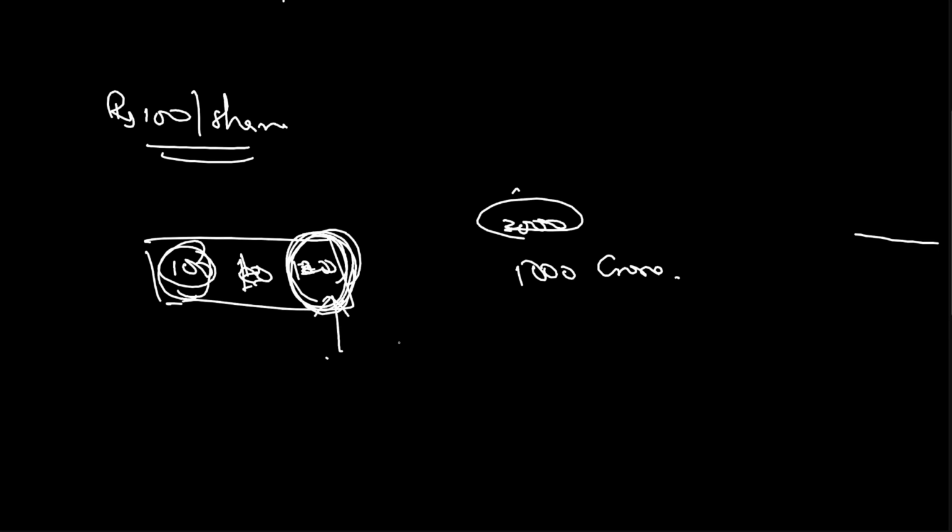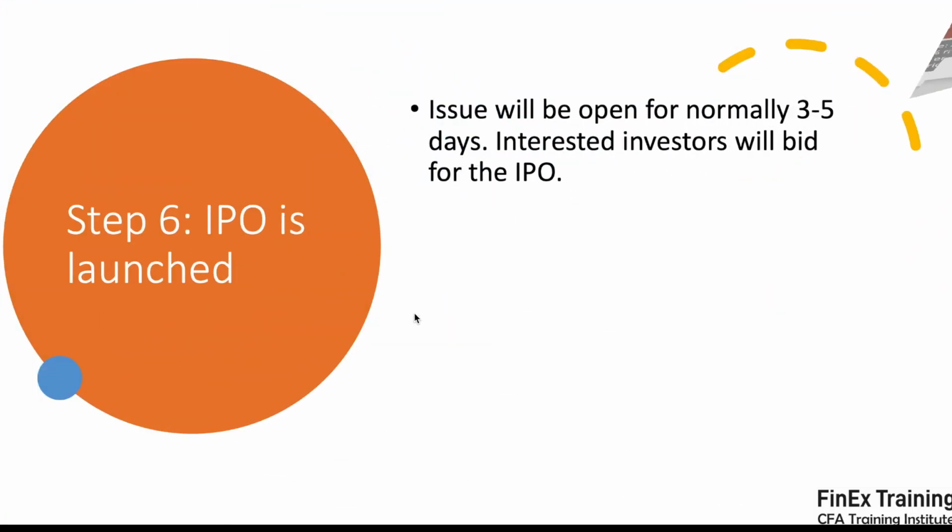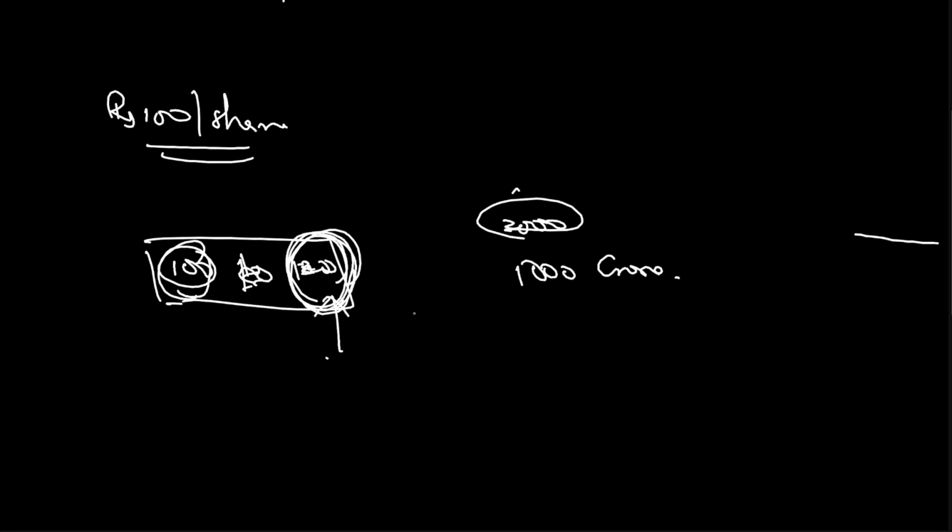Okay. Now, at the end, how it works is once people apply for this IPO, the issue will be open, and it will be open for 3 to 5 days. Interested investors can bid for the IPO. Now, suppose 1000 crore.